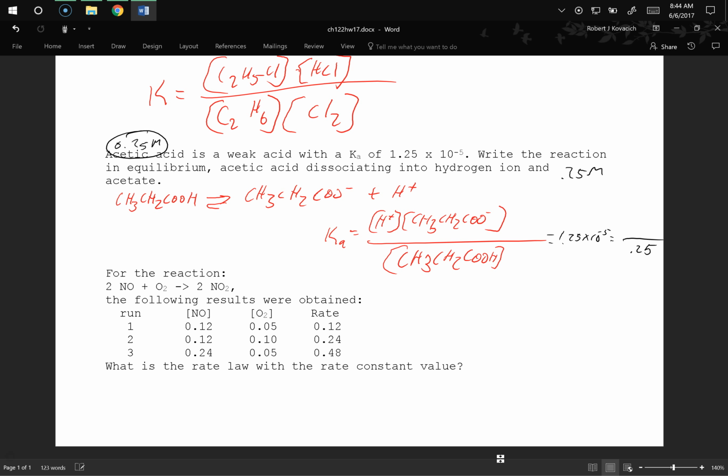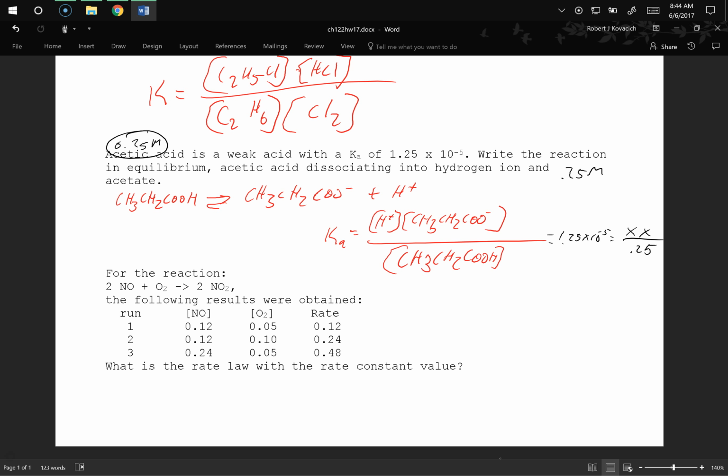But remember, this is a double variable problem. There's an H plus up top and acetate up top, and I don't know what either one of those concentrations are, but what do I know about them? They have to be the same, so I can put an X for H plus and an X for acetate, and then I can solve for X.